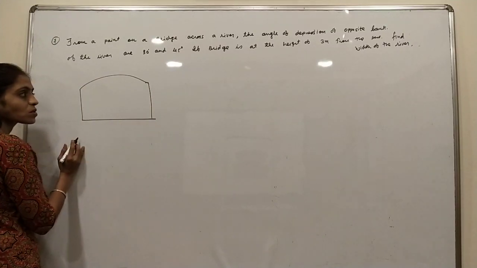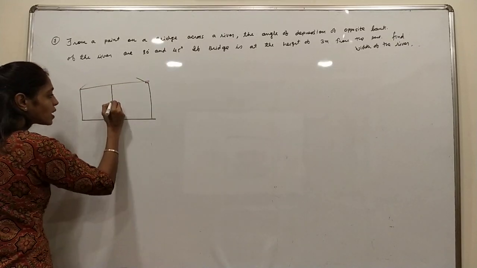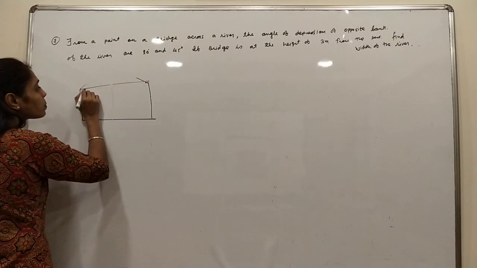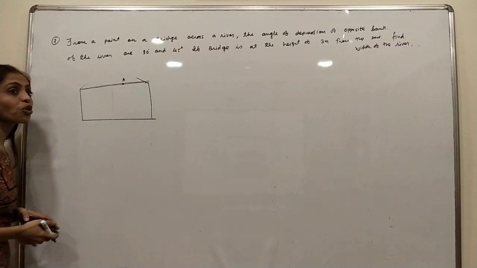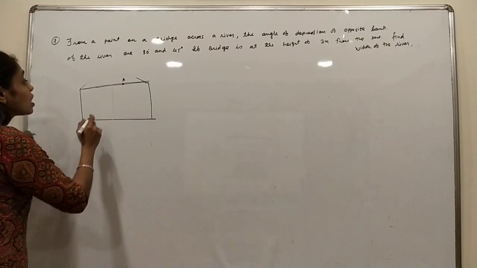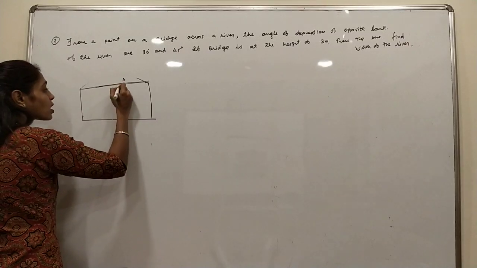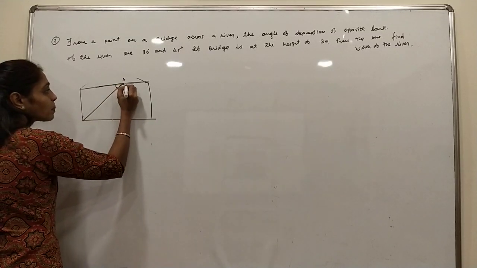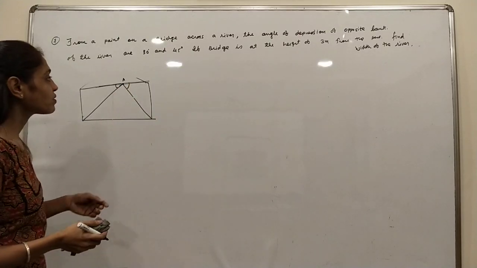Any point on the bridge is 3 meters high. Let A be a point on the bridge from which a person standing on the bridge is examining the depression of the opposite banks. The angles of depression of the opposite banks are 30 and 45.